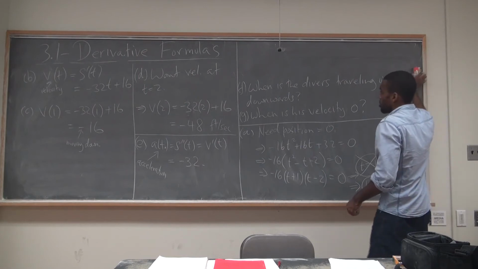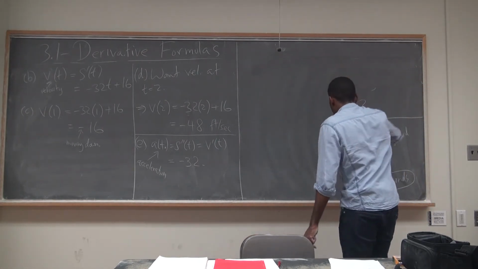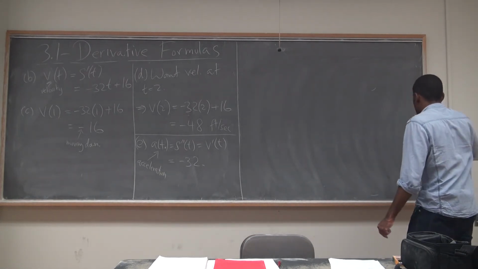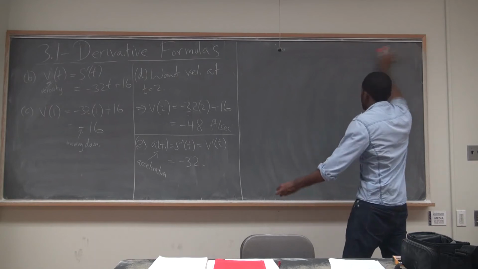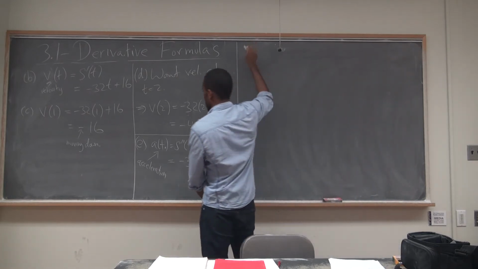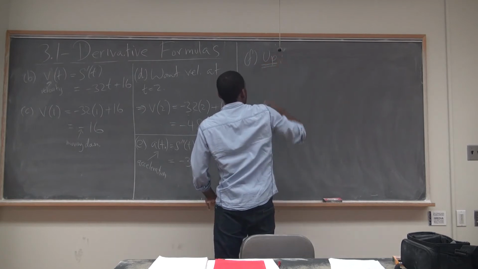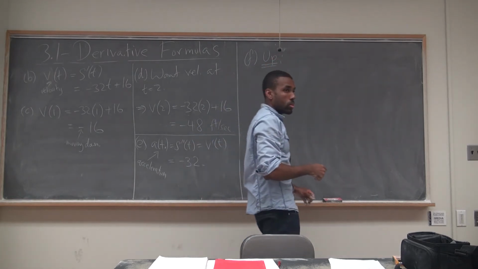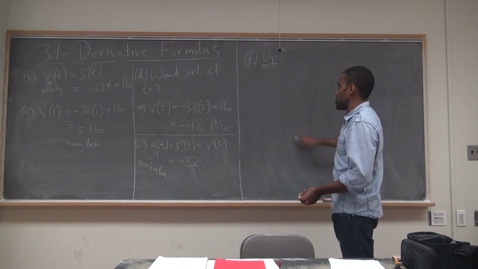When is he moving up or down? In general, when? When you jump. When is he moving up? How do we know he's going up? The position function is positive the whole time until he hits the water.